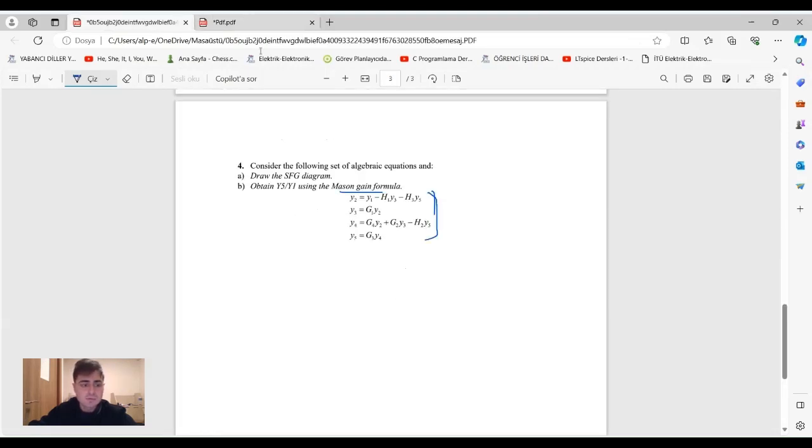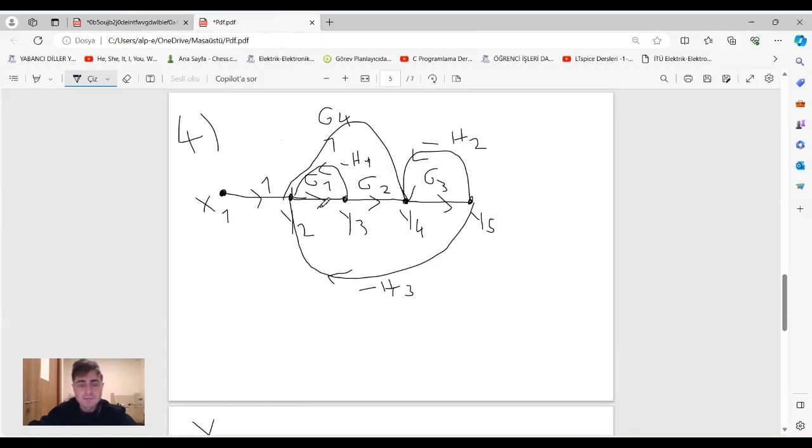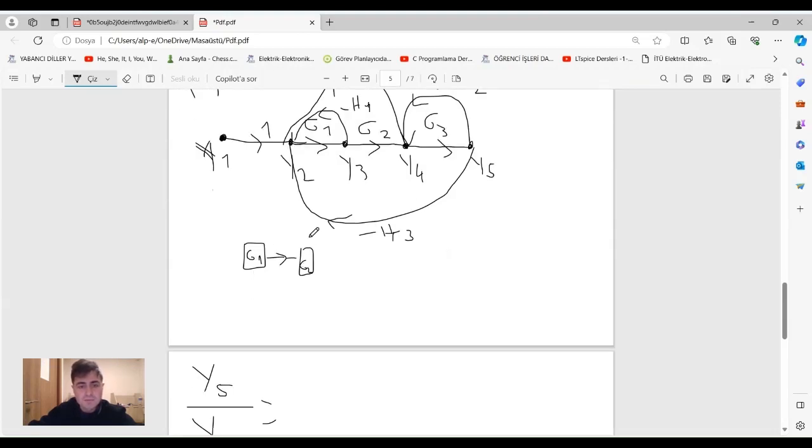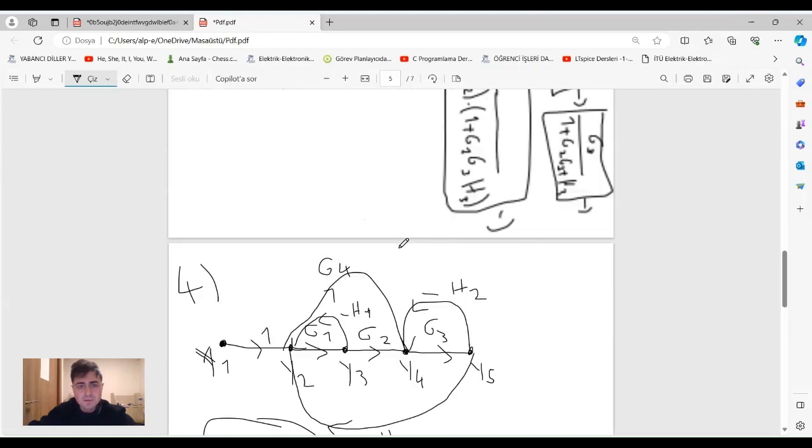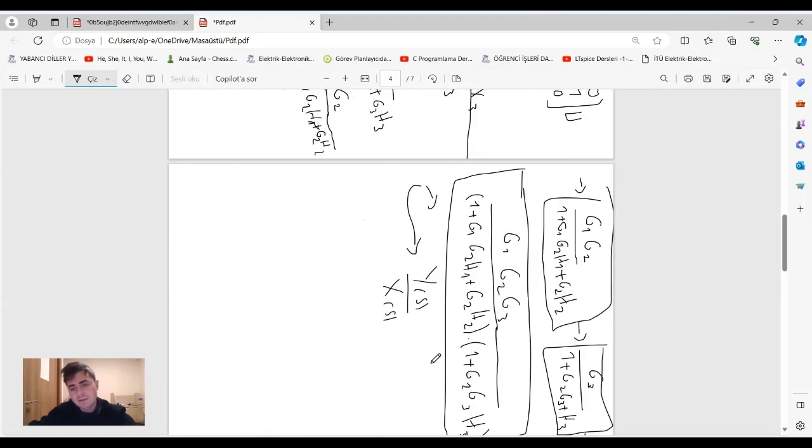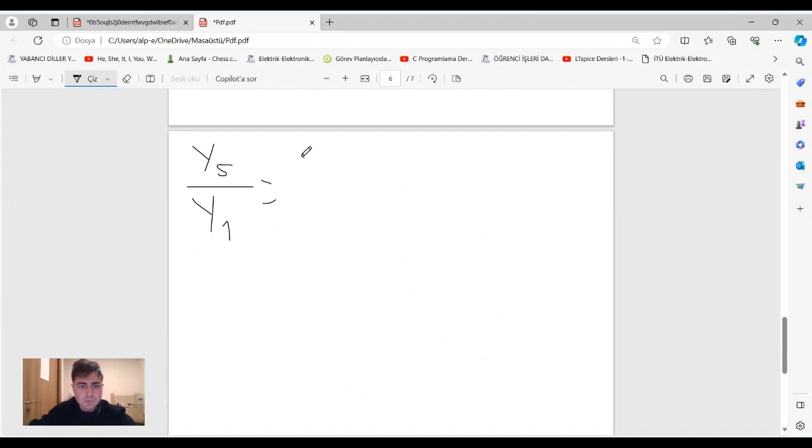We use the Mason diagram. G1 is coming this way, and also G2 and E2, E3, E4. This is not X1, this is E1. They came up the lines, okay? And then we use the G1s. We write like this.